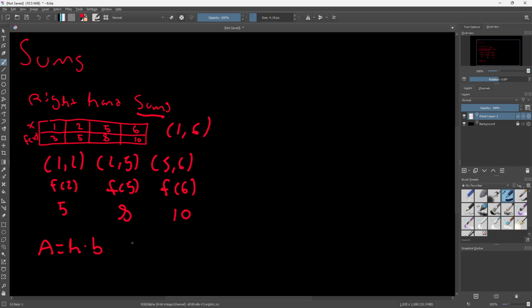So since there's 3 areas, you get delta x times 5, because that's the height for the first rectangle, plus delta x times 8, because that's the height for the second rectangle, plus delta x times 10, because that's the height of the last rectangle.